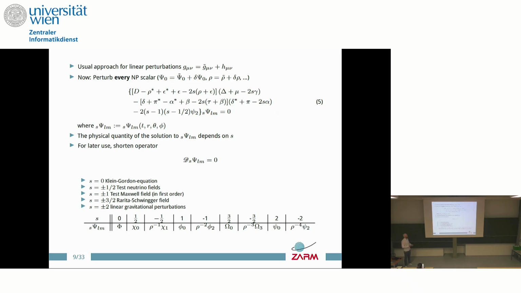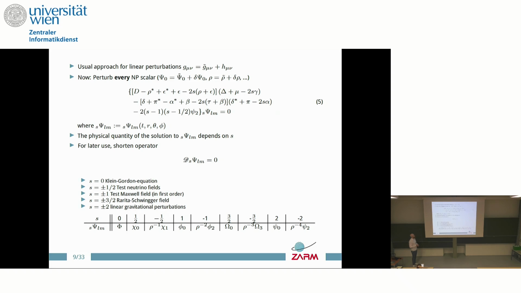We can get test neutrino fields, Maxwell fields, Rarita-Schwinger fields, or, for example, linear gravitational perturbations. And by the choice of the spin parameter, we get a solution in terms of the Newman-Penrose formalism, which encodes, for example, polarization degrees of freedom. So later we will come back to this differential equation.